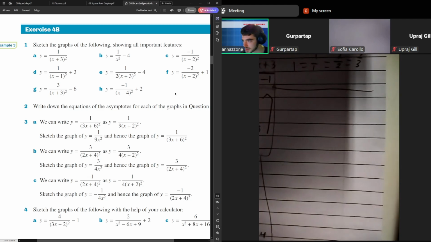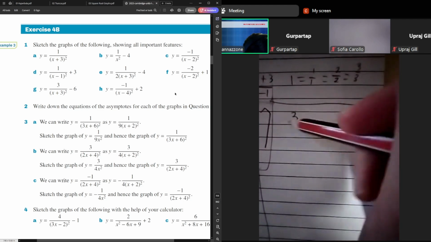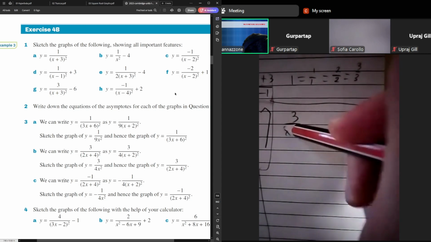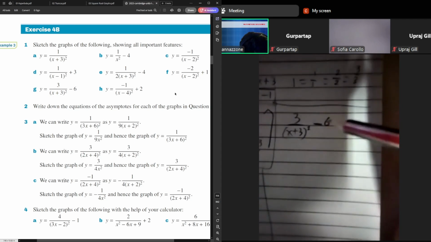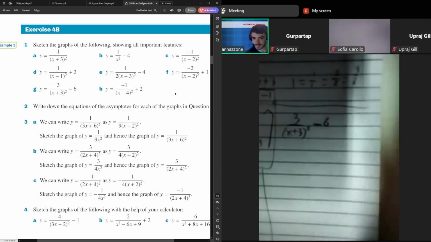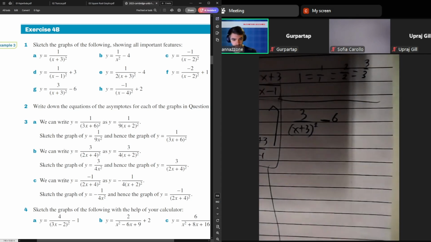So let's try 3 over x plus 3 all squared, minus 6. Yeah, that's everything. Cool. So once again, you've got a screenshot of the things that you're looking for. What are we going to do?